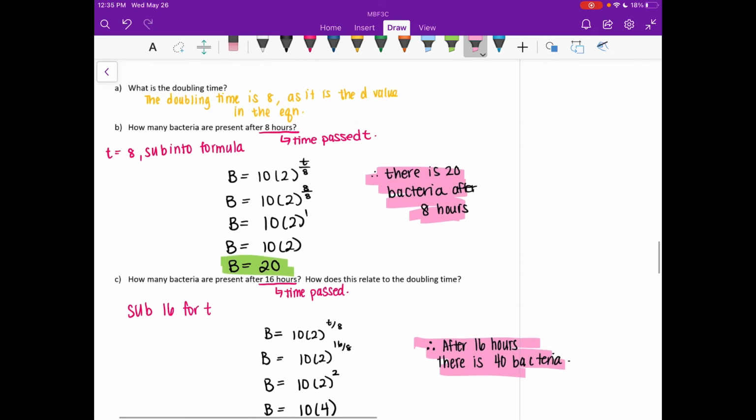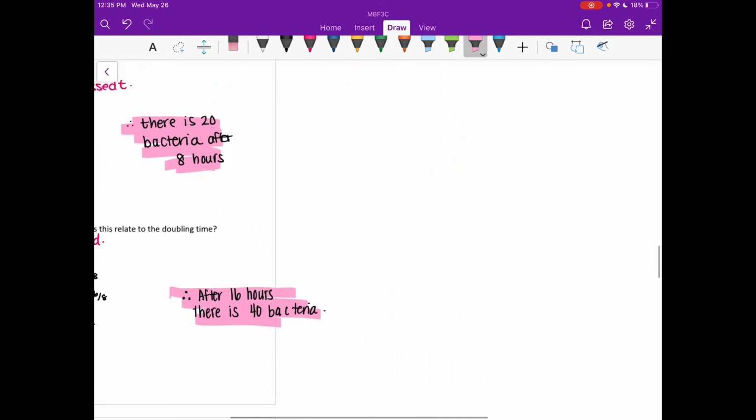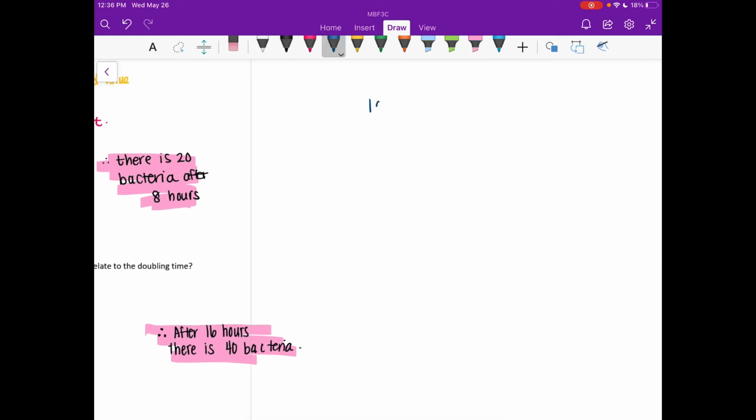Which makes sense because if we started off with 10, after one round we made 20, because both of them doubled. Then we made 10 more for each, and you were left with 40.